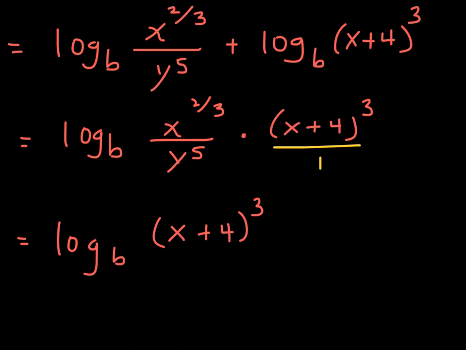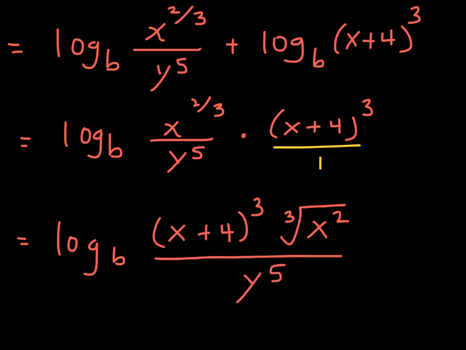Now, you have x plus 4 quantity cubed, and then this one right here, folks, we learned in a few lessons ago that x to the power of 2/3 is the same thing as the cube root of x squared. All of this is over y to the 5th.